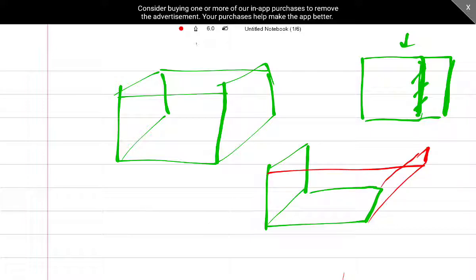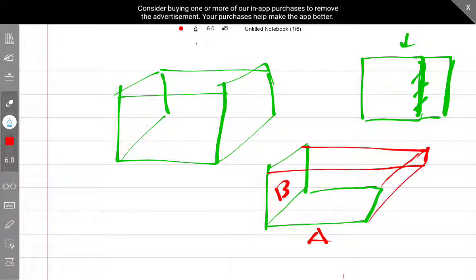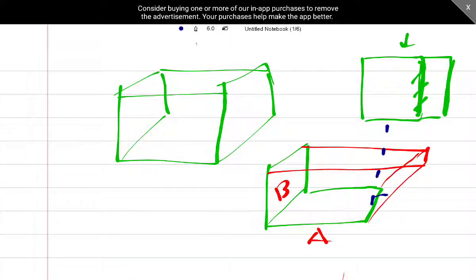So now you can understand this is the case, one side is slanted. This distance I have considered as B, this distance as A, and this inclination angle as alpha.